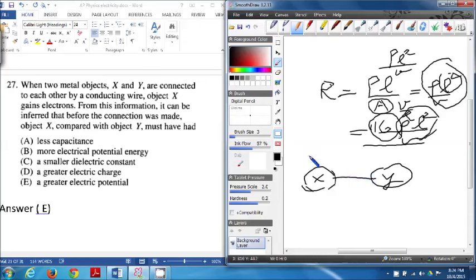For X to gain electrons, Y must have had excess electrons. So that means X is at a higher potential. X relative to Y has a positive charge. So X is at a higher potential, and that's how the electrons move to X.